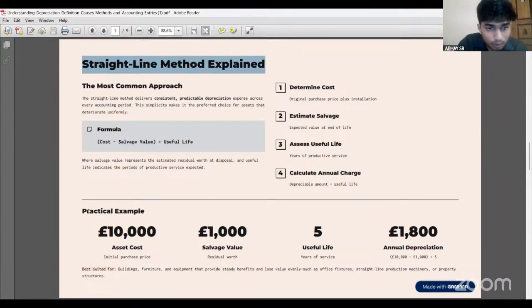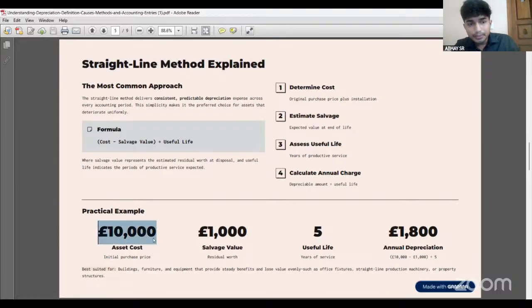So I've got a practical example. I bought machinery that costs around 10,000 pounds. The asset cost is 10,000 pounds, the salvage value at the end of its life is 1,000 pounds, and the useful life is 5 years. If you calculate it, 10,000 minus 1,000 divided by its useful life is 1,800.